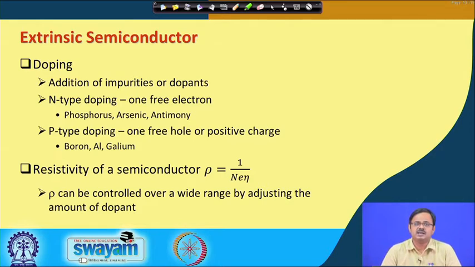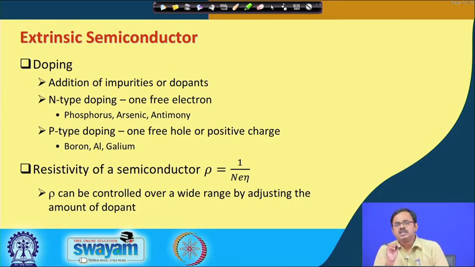This is done by a method called doping. What this means is the semiconductors like silicon or germanium by themselves do not have very high conductivity or very low resistivity, but if you can add in controlled amounts a certain concentration of impurities, we can impart better conduction properties to these semiconductors.